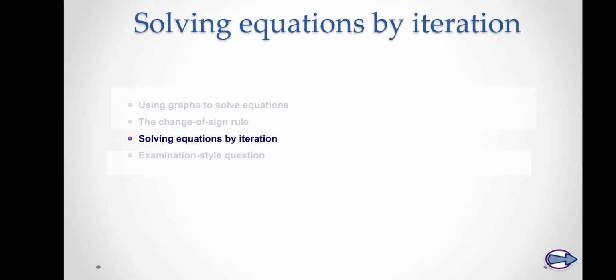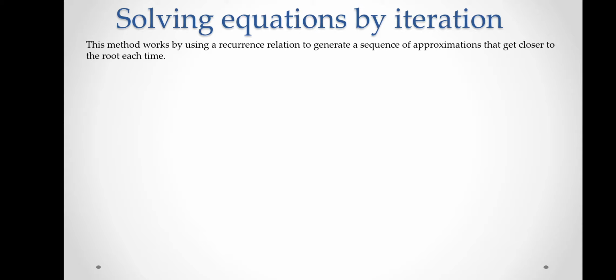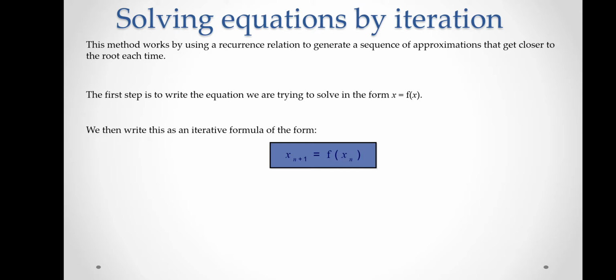After that we are going to move on to solving equations by iteration formula. Normally we write an iteration formula like this: x n plus 1 is equal to f of x n.